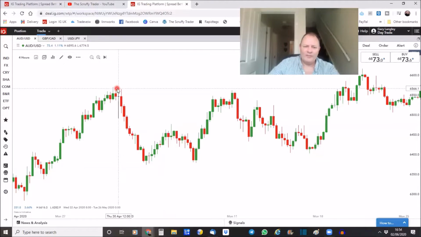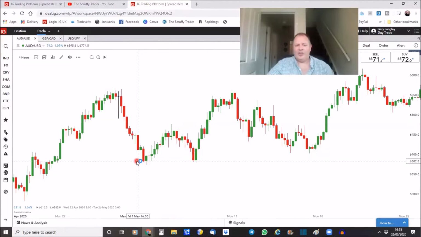So step 1, you would look for a strong directional move against the greater trend. So it's that. You're not looking to trade that. You wait for it to end, and the way you know it ends is with that, even here, because you can see long wick to the bottom, body to the top, and it's green.